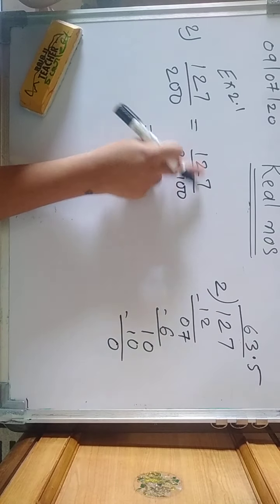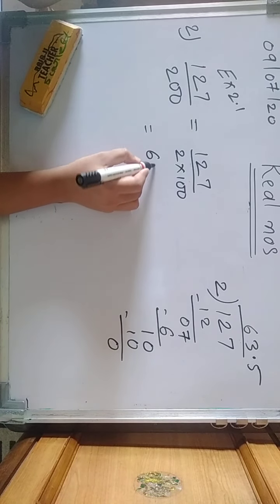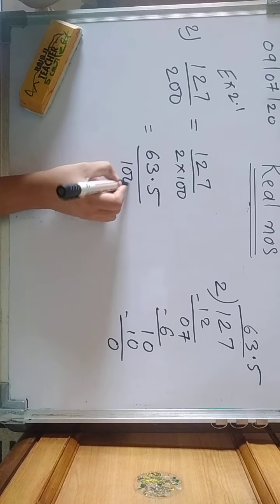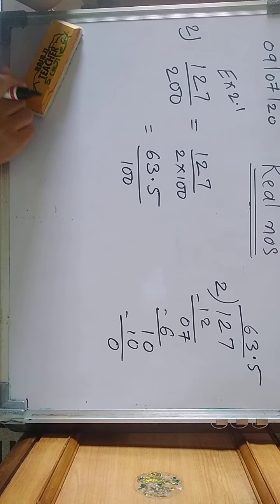So when you divide 127 by 2, you get the answer 63.5 upon the 100 that still remains. We did not solve for 100, so 100 remains.